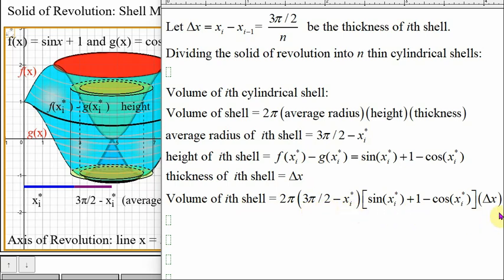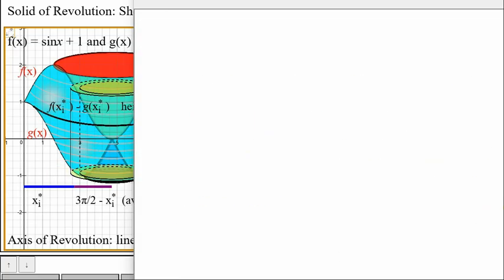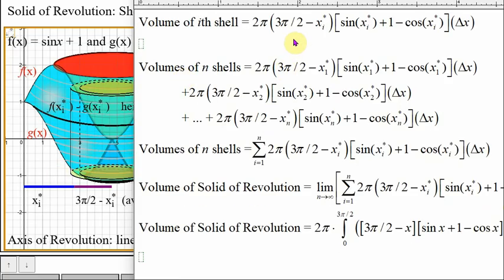And so the volume for this ith shell would be 2 pi times the average radius times the height times the thickness. And now let's calculate the volume of n shells. Once again, this is the volume of the ith shell, and here's the volume of n shells. So this would be the volume of shell number 1, volume of shell number 2, and then the volume of the nth shell.